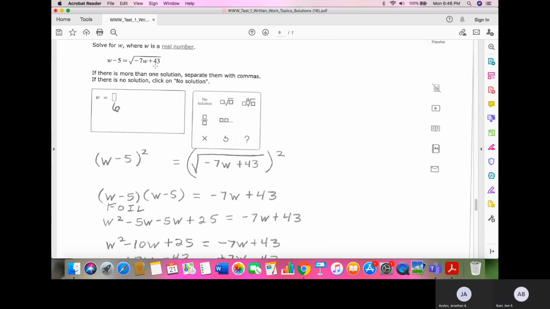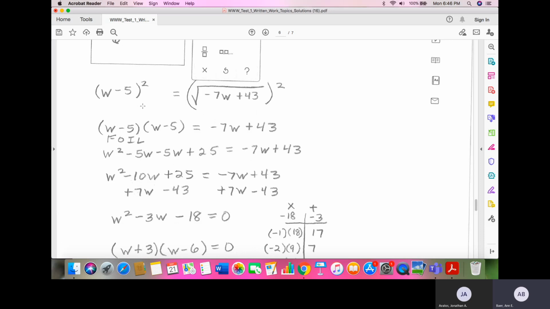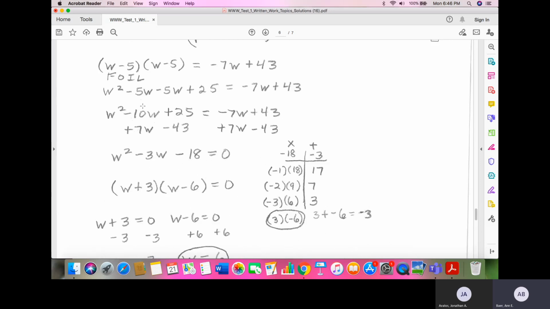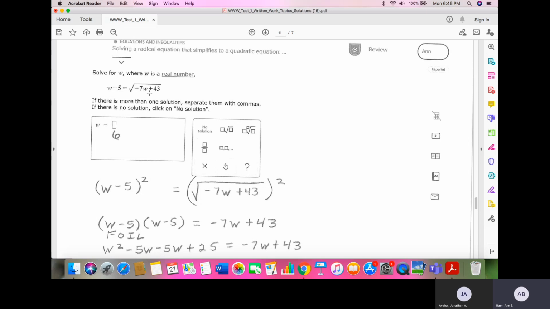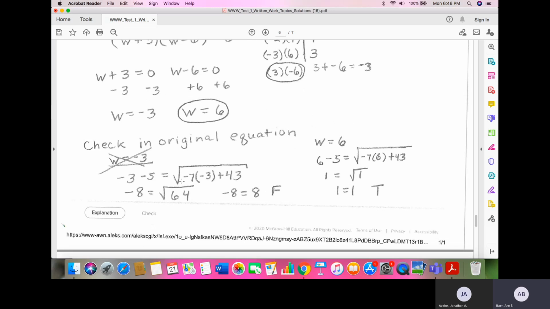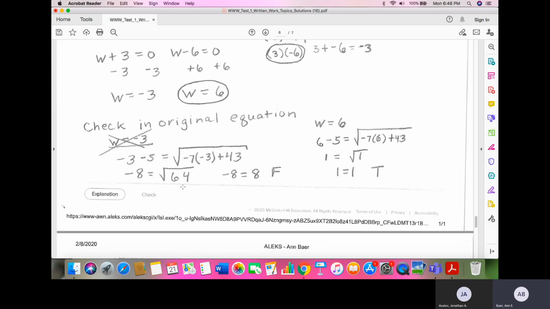Did I do that right? Let me just take a look. We plug it in. W equals negative 3. So negative 7 times negative 3 is positive 21 plus, it's been a long day, 43. I get 64. So we get 64 inside the square root, and the square root of 64 is positive 8, not negative 8.